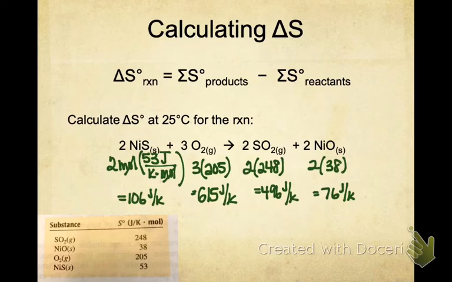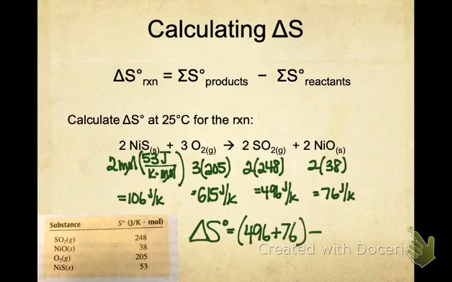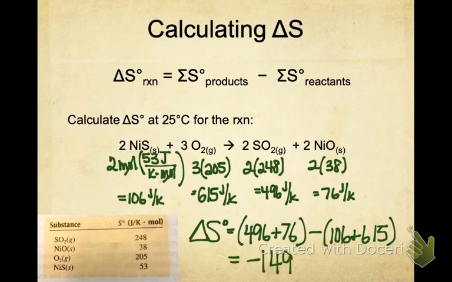So now we're going to set up the calculation for delta S. So I have delta S equals, and I'm going to take the products first and add them together, 496 plus 76, and I'm subtracting that from the reactants, which I have 106 plus 615. And when I do all the math, I get an answer of negative 149, and that's joules per K. Okay.